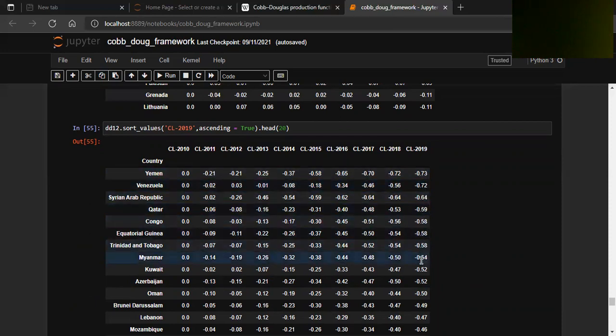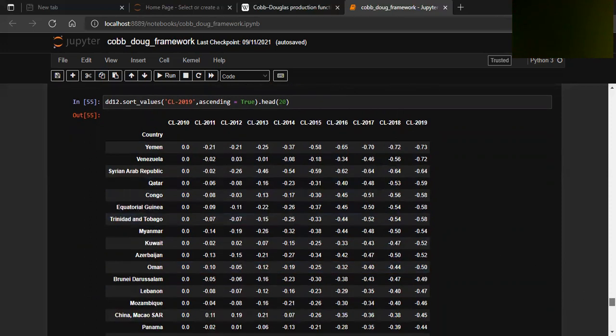And you would realize we are seventh poorest performing country where total factor of production is concerned. So we have a negative 0.58 points.